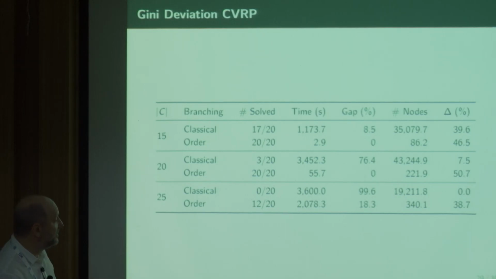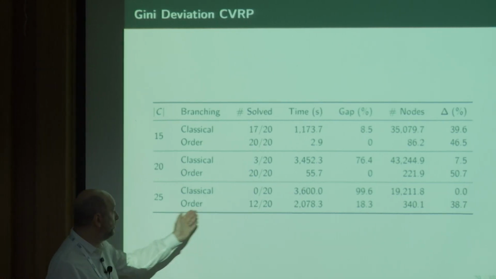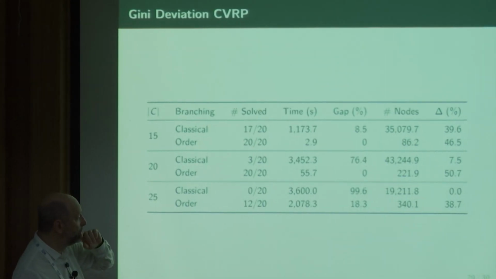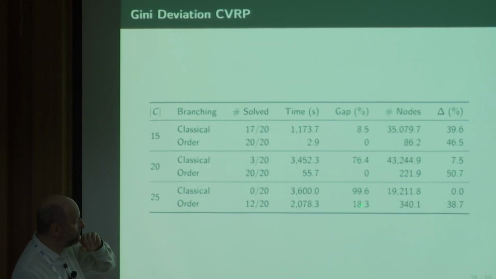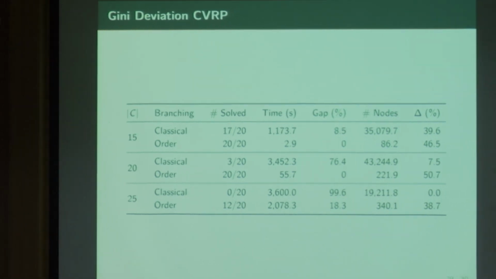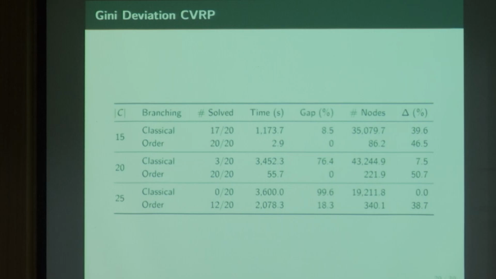So the improvement is significant. 60% of the problems, even with 25 clients, are solved to optimality in a short amount of time. By a short amount, I mean like 2,000 seconds with a final 18% gap. So there's still some work to be done potentially there, but you can see that the idea works in practice there as well.